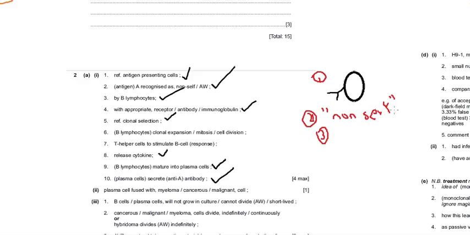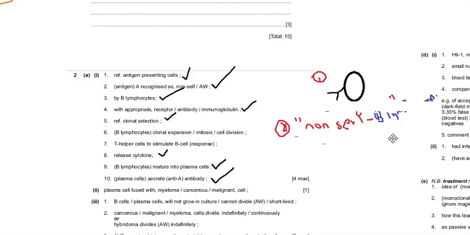This is done by B lymphocytes. And we should also say that how this is possible is because of the appropriate receptor. Let me move this here so I can finish my sentence.